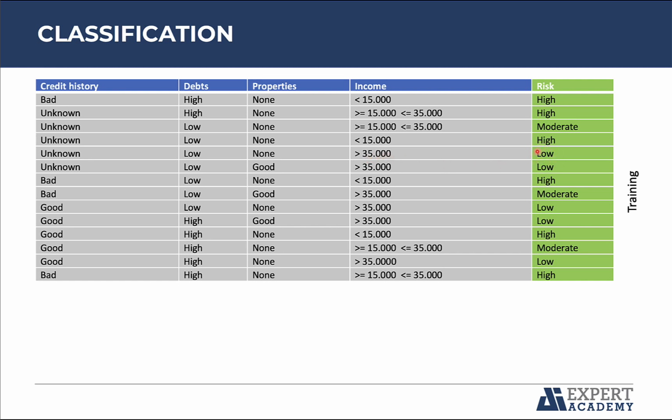Let's suppose that the customer could pay all the loan with no problem. We have this other customer with this data, and the risk was moderate. Let's suppose that he or she paid some part of the loan and some payments were delayed. So the risk was moderate for this particular customer.